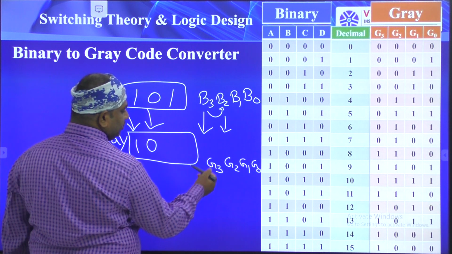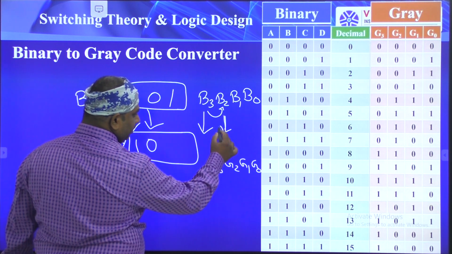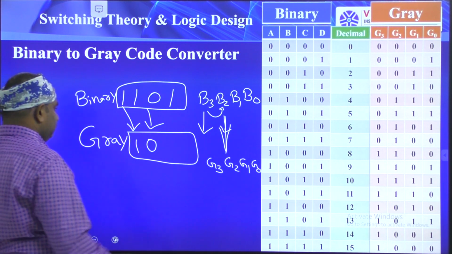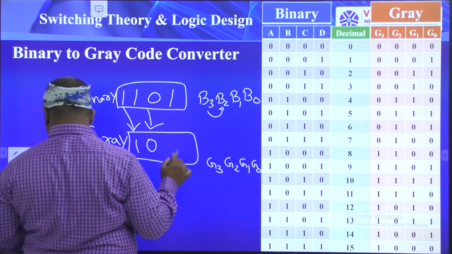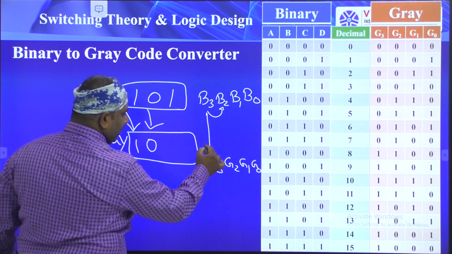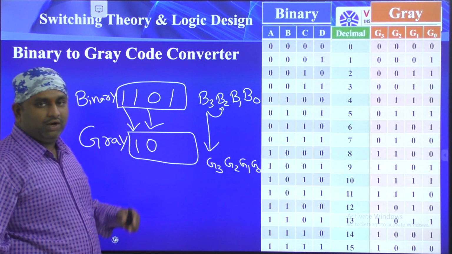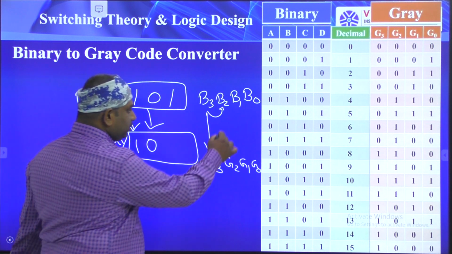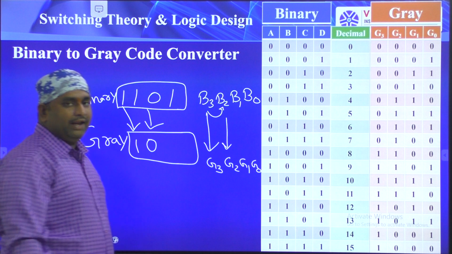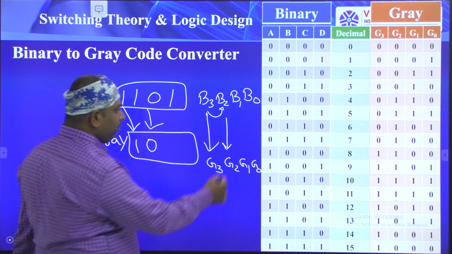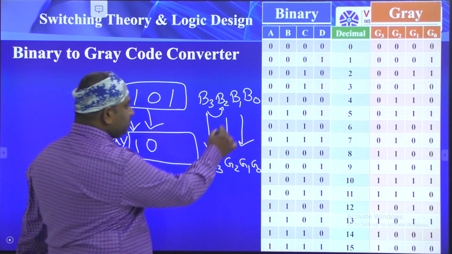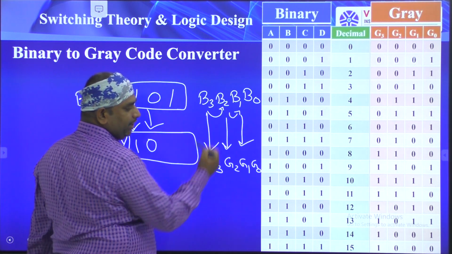The G3 bit we write directly as it is, which is the B3 bit. Next, for the G2 bit, you do an addition operation between B3 and B2, and for the G1 bit you add B2 and B1. You write down the result.